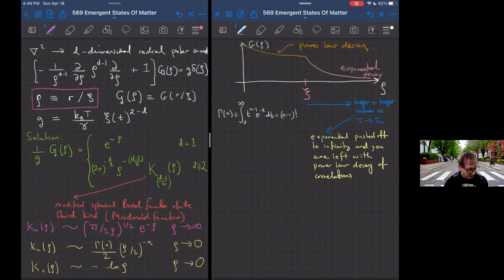Okay, so what that tells you is that the correlations decay essentially exponentially at large distances.